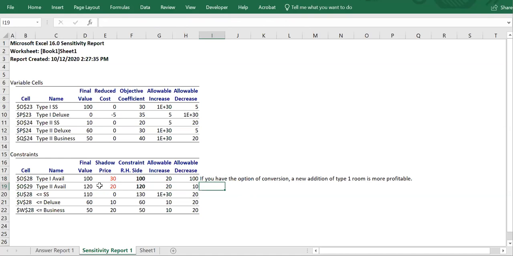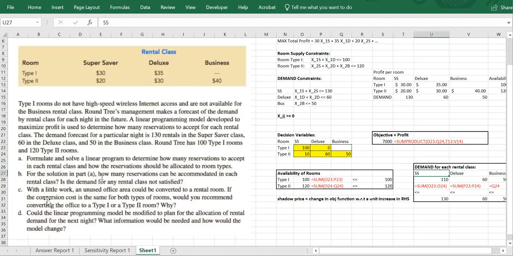And how do you know that? By looking at the shadow prices. Whichever has a larger shadow price in this case would be a better addition, a better investment, right? Which would be type 1. So going back to the question, why? Because it has a better impact on the profit.